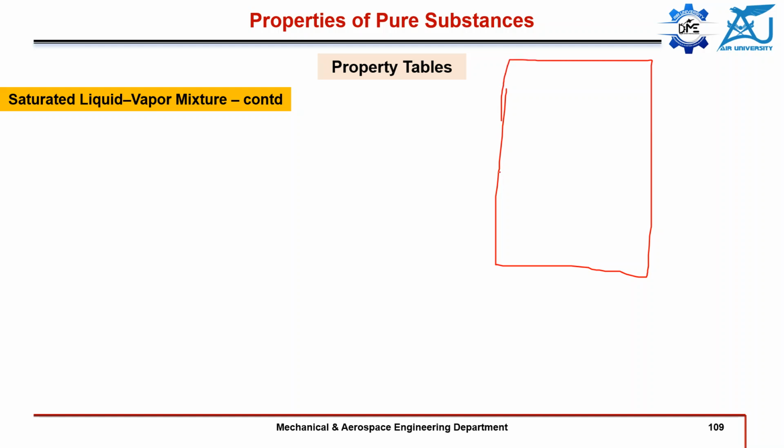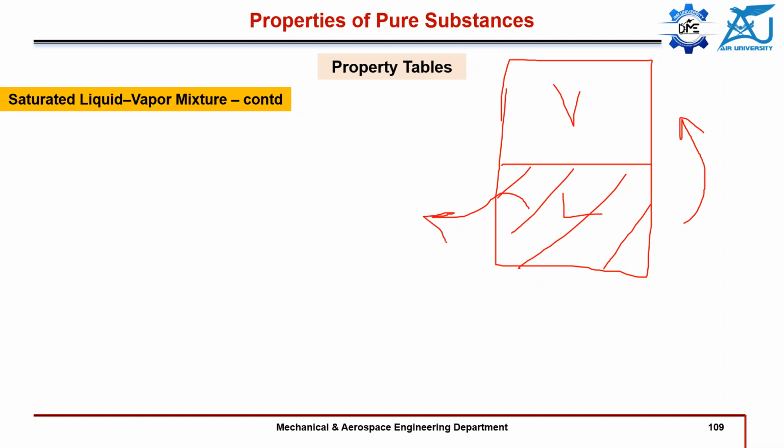I don't remember if I have told you this in the last lecture or not, but during phase change, if this is your liquid and this is your vapor, so phase is changing, the properties remain constant. The property of this saturated liquid remains the same during this process. Similarly, the property of this saturated vapor remains constant.